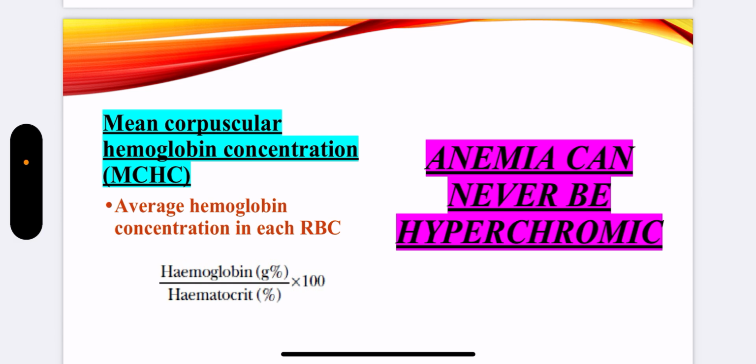But there is a very important question: anemia can never be hyperchromic. MCHC is never beyond 38%, as these cells cannot hold hemoglobin beyond the metabolic limit of the cell. It is a very important reasoning based question that is asked in examination, why anemia can never be hyperchromic. So we had talked about MCV.